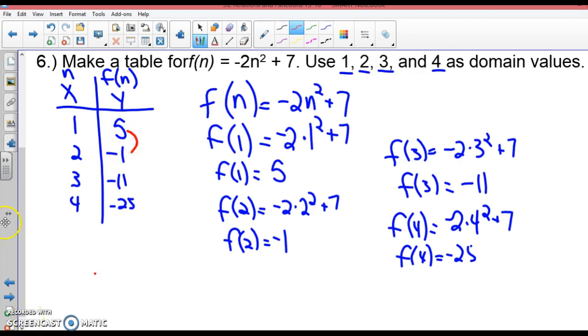What am I doing to 5 to get to negative 1? Oh, you know what? I'm not going to do this. And you know why? Because this is an n squared. You guys are not at the point where you can write a function rule with a squared yet. It has to be linear. And that would just have to be n. Okay?